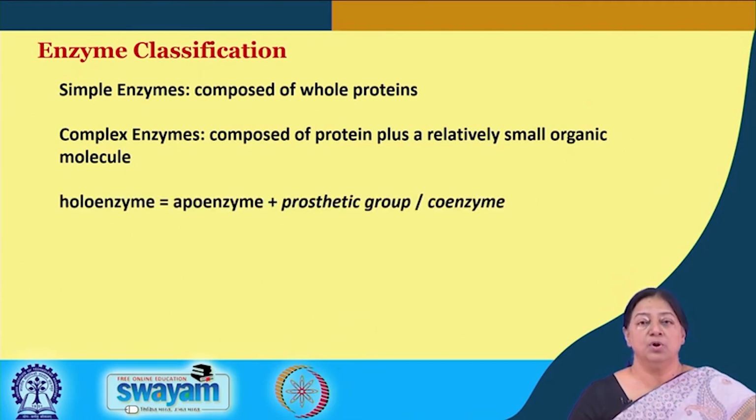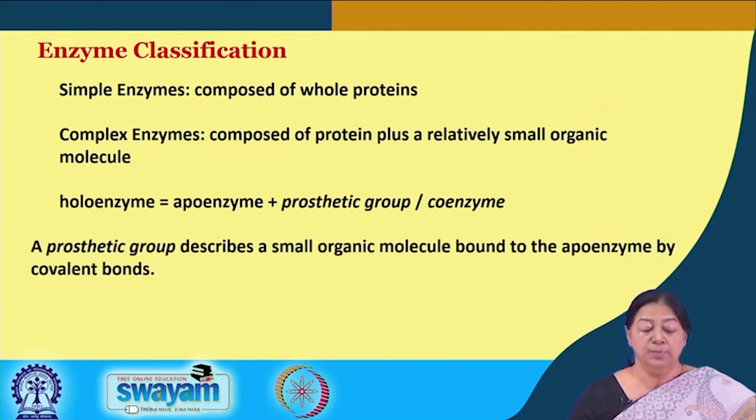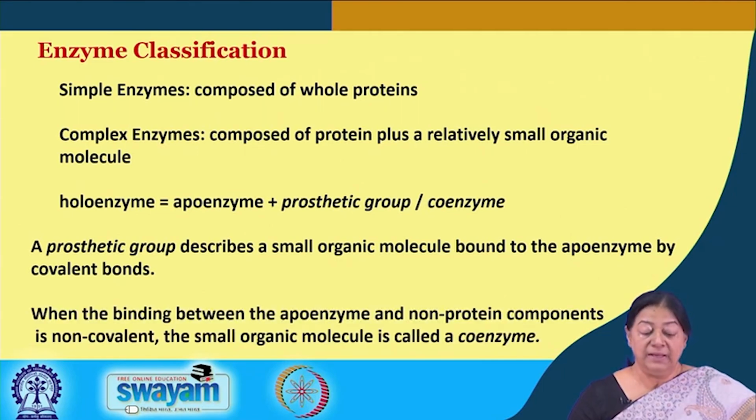So, we have what is called a holoenzyme, an apoenzyme, or a prosthetic group plus the coenzyme. The prosthetic group is a small organic molecule that is bound to the apoenzyme by covalent bonds. When the binding between the apoenzyme and the non-protein component is non-covalent, this is called a coenzyme.